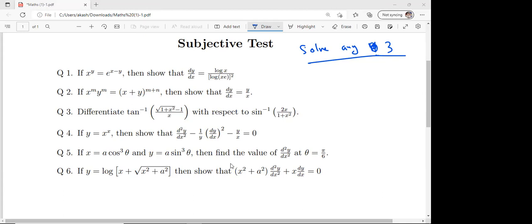Sahel, now you can see the question paper. Yeah, sir. And you have to solve any 3 questions, not 4.